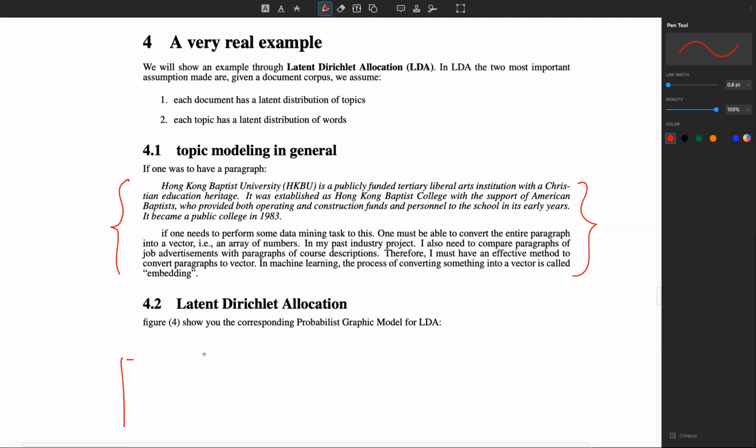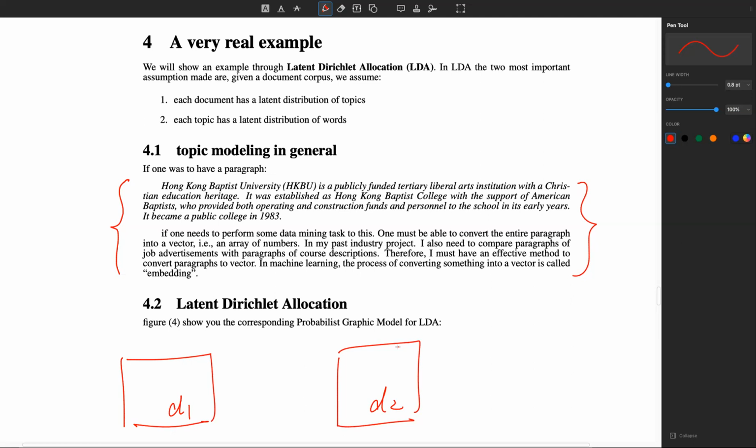If you have a document 1, a document 2, you need to convert each document into a feature representation, and that vector representation needs to be of the same dimensionality. Why do you do that?